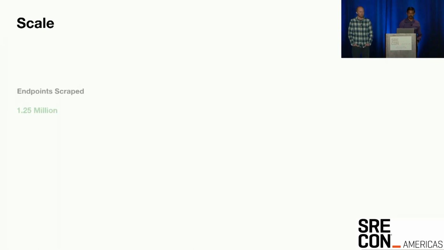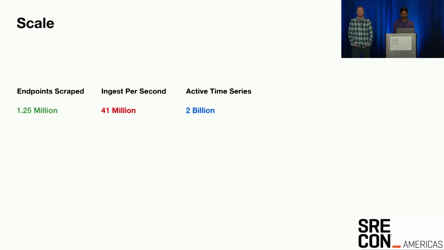So what is the scale at which we run in? At any given point in time, there are at least 1.25 million Prometheus endpoints that are being scraped. This translates roughly to 41 million time series per second that we ingest into the platform, which in turn translates roughly to 2 billion in active time series.